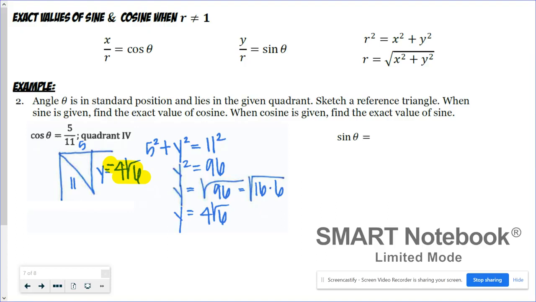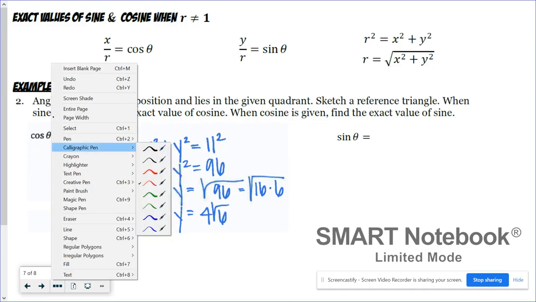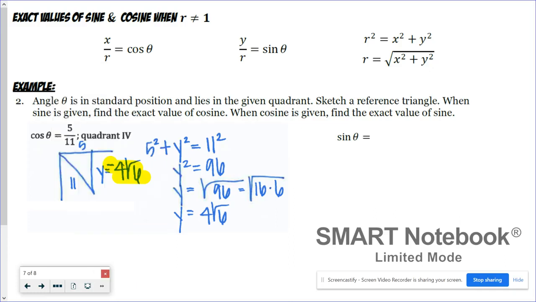So every single time you create a reference triangle and you've got all three sides, I want you to pause and check your signs, and then you can find your ratios. So sine, as we all know, is opposite over hypotenuse. So opposite is negative 4 root 6, and the hypotenuse is 11.